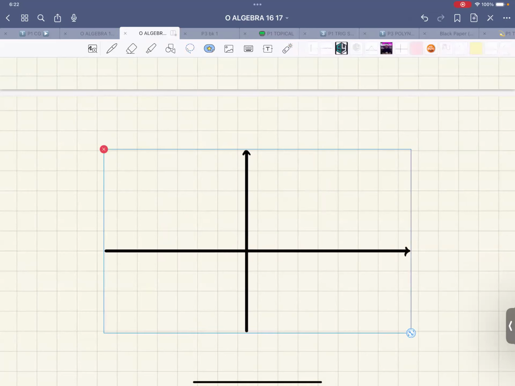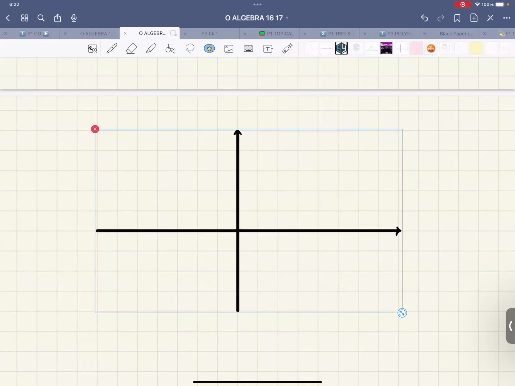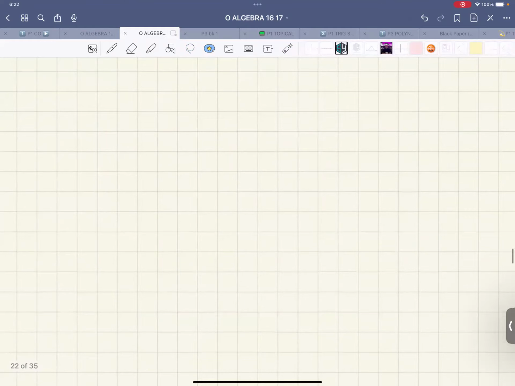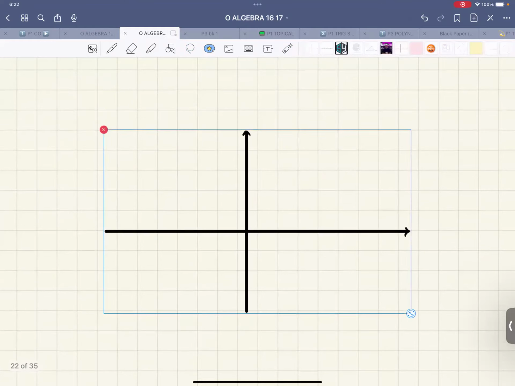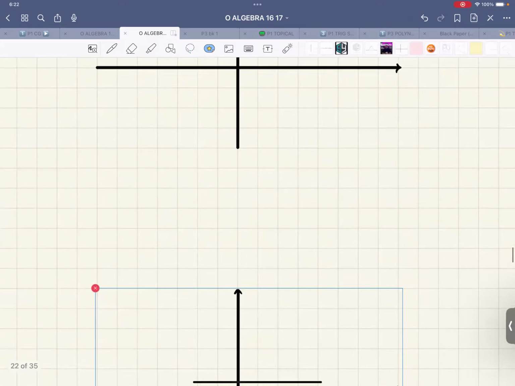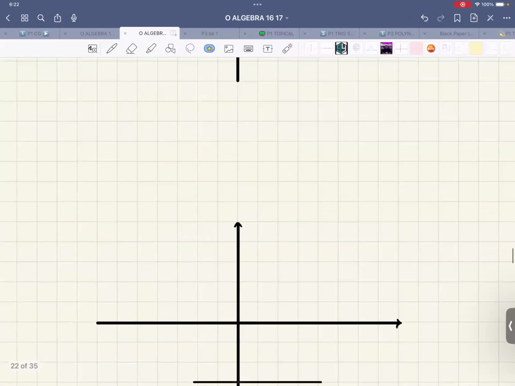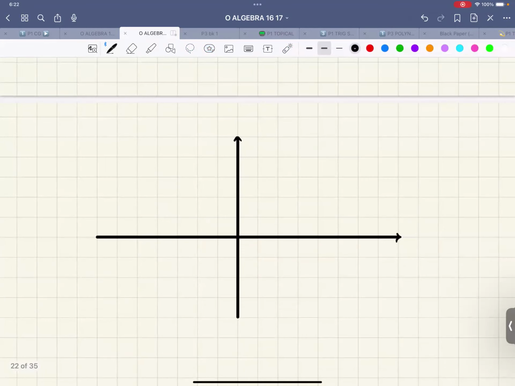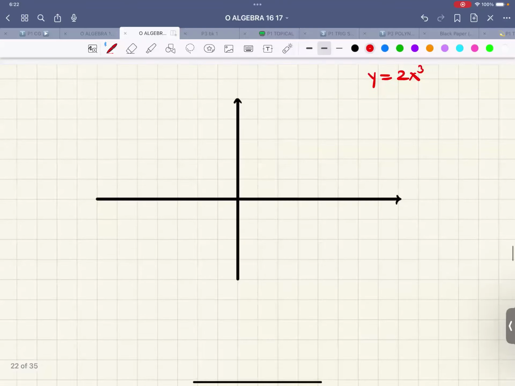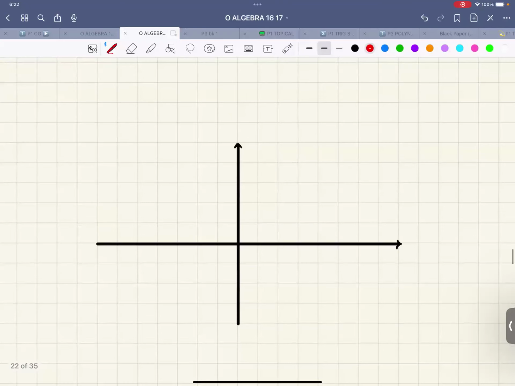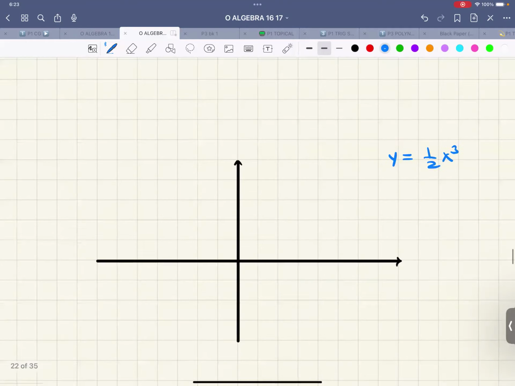So that is over here. Okay. So now y equals 2x cubed. And over here, let me draw y equals half x cubed.